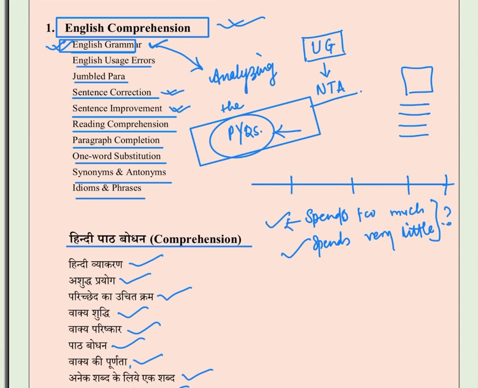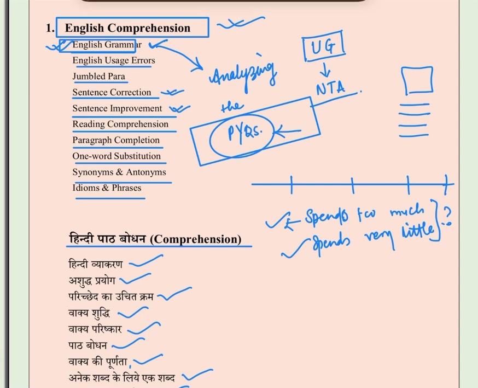There is no specific book that I can tell you, but for English comprehension and for the Hindi part both, you can refer to any book which has the same syllabus, preferably a book meant for undergraduate students.